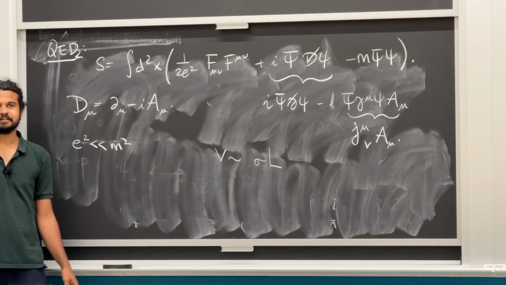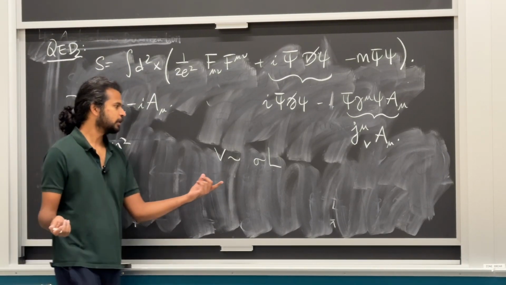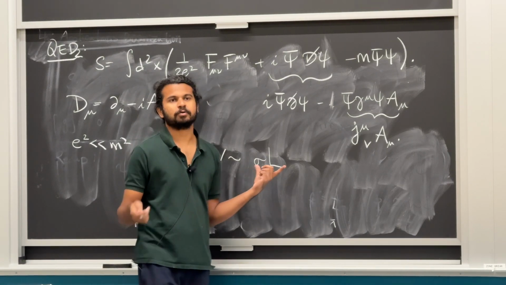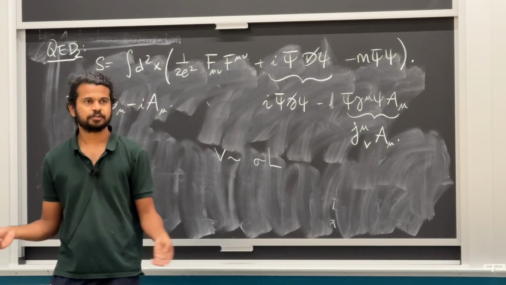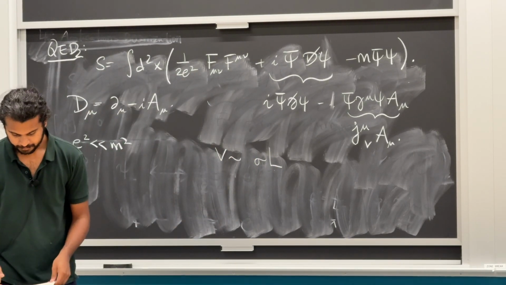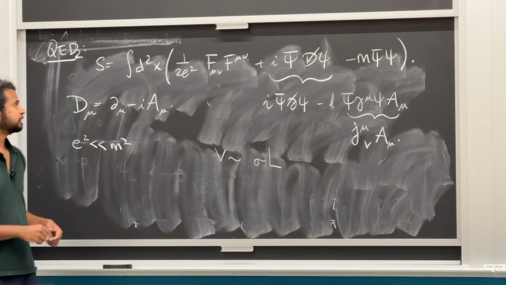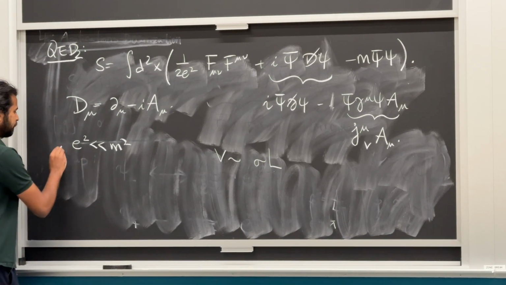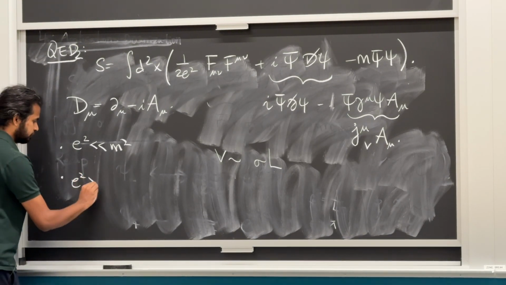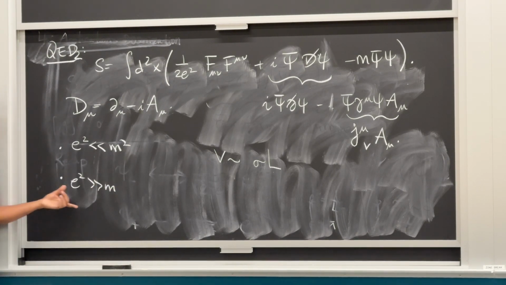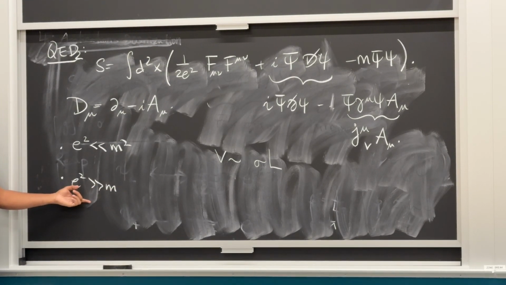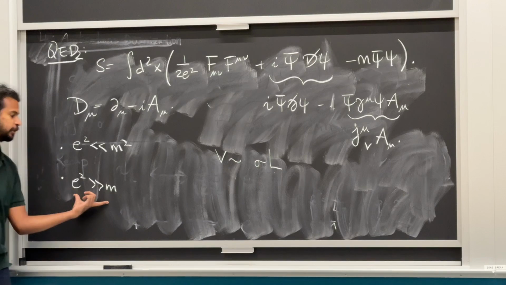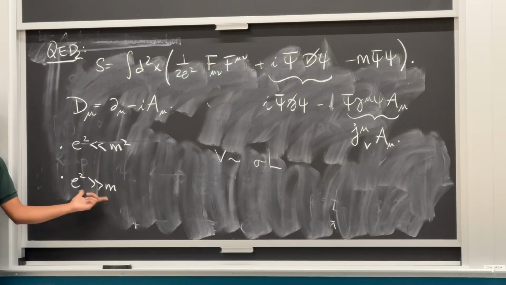But that was easy. We did not do anything special, we just needed normal perturbation theory to understand what's going on. But the real problem is in the other region. When this is strongly coupled, you cannot do perturbation theory.